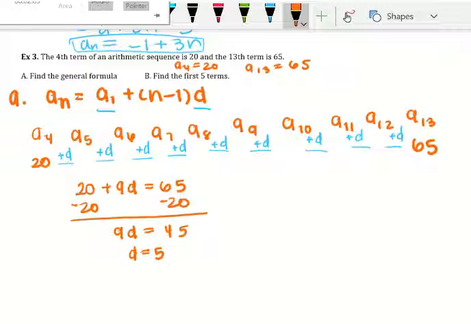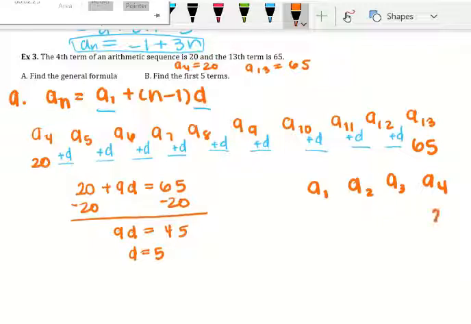All right, so now I could go ahead and plug it in for d. But I need to find a1. So you could similarly go backwards. I'm going to put a4 over here now, then a3, a2, and a1.